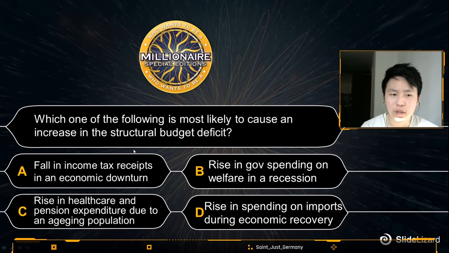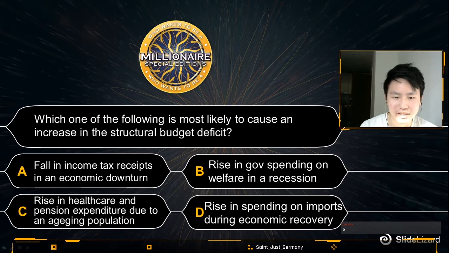A, a fall in income tax receipts in an economic downturn. B, a rise in government spending on welfare in a recession. C, a rise in healthcare and pension expenditure due to an aging population. Or D, a rise in spending on imports during economic recovery.